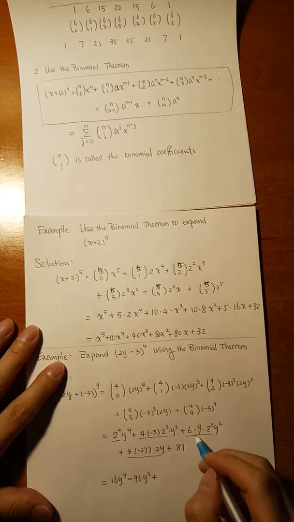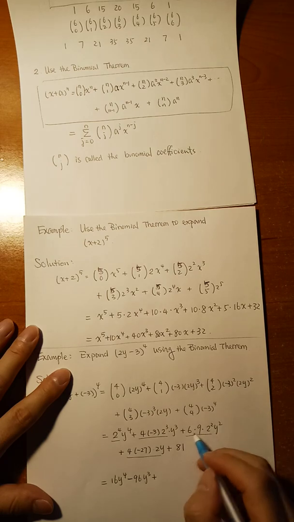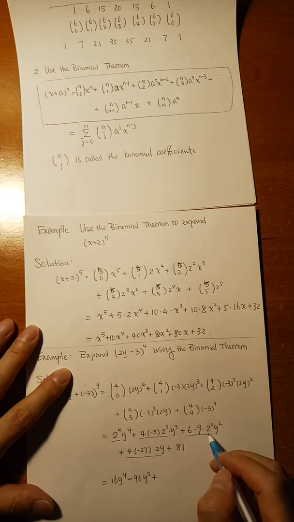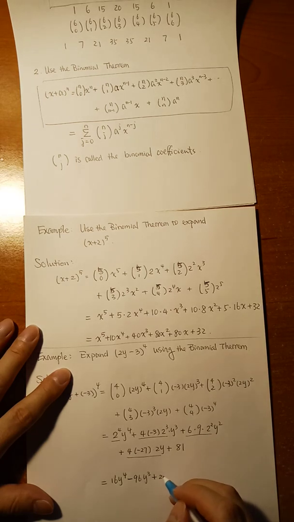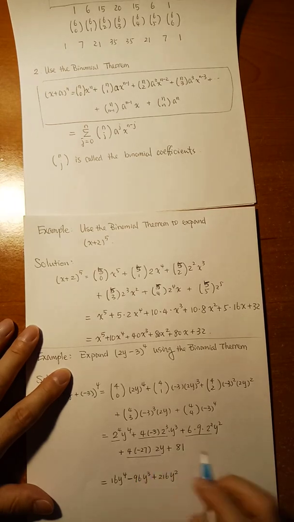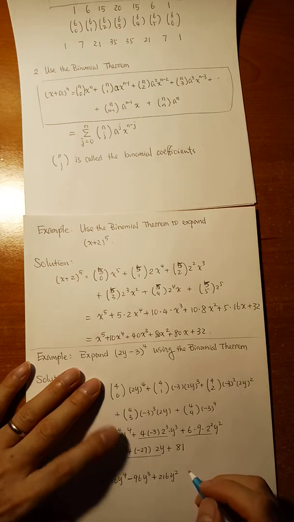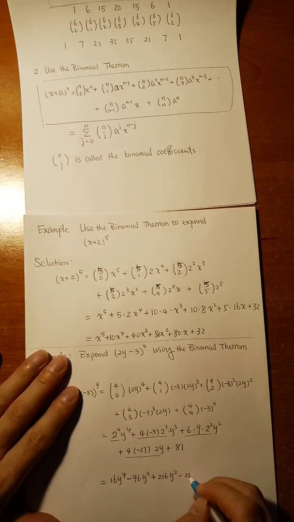And plus, 6 times 9 is 54, 54 times 4 is 216 y squared. And this becomes minus, 27 times 8, which is 216y, and plus 81.